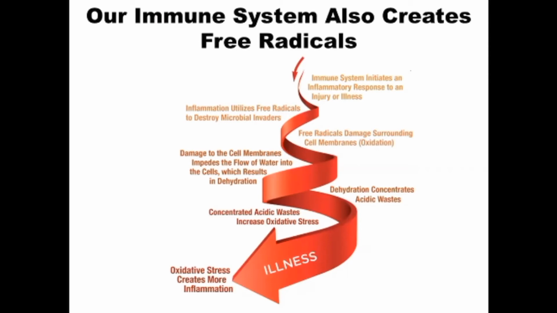And the free radicals damage surrounding cell membranes, creating more oxidation on the cell membranes around the area that they were attacking. And the damage to the cell membranes impedes the flow of water into the cells, which results in dehydration. And dehydration concentrates acidic waste. And the concentration of acidic waste increases more oxidative stress, and more oxidative stress creates more inflammation. And this is this downward spiral into illness.